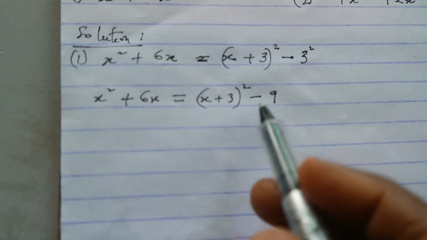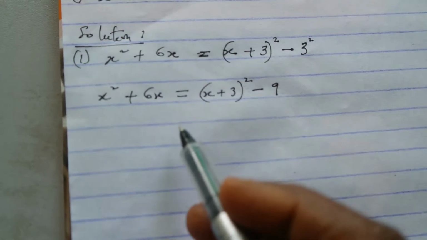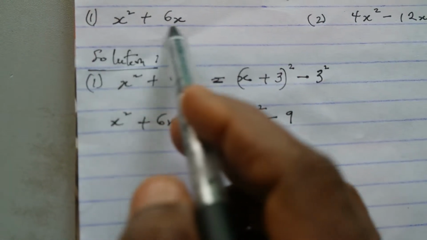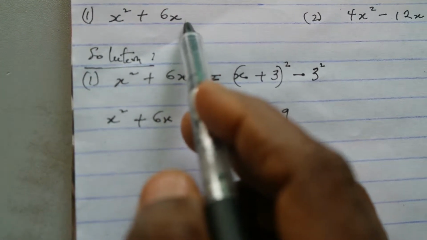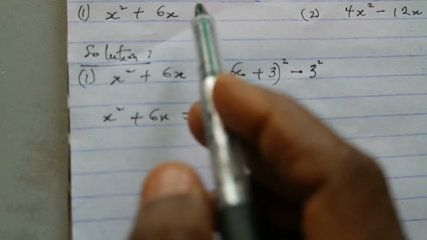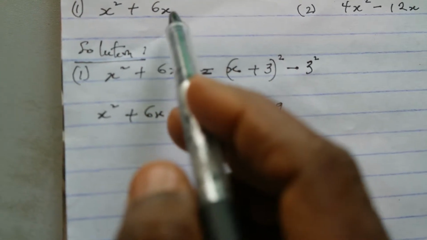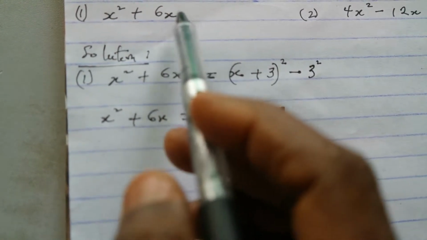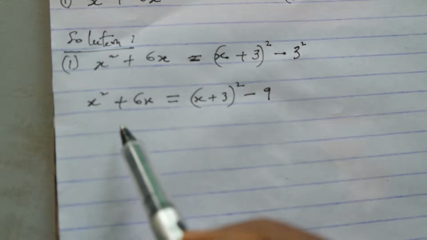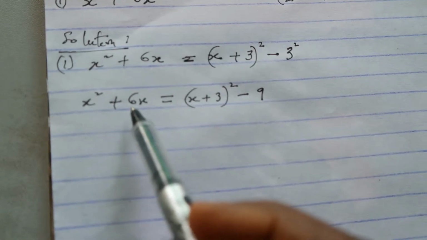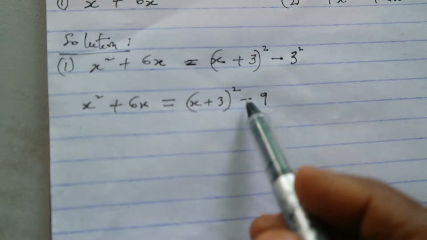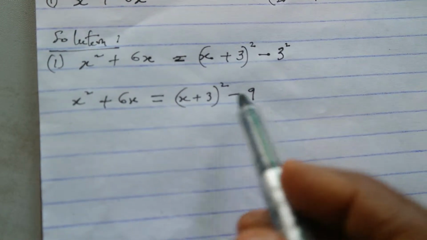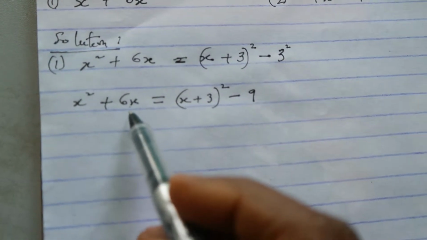Sometimes they ask students, what number must be added to x squared plus 6x to make it a complete square? The answer to that is any number you find in front of this minus is the number you're going to add to x squared plus 6x to make it a perfect square.